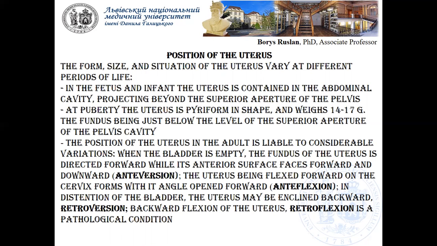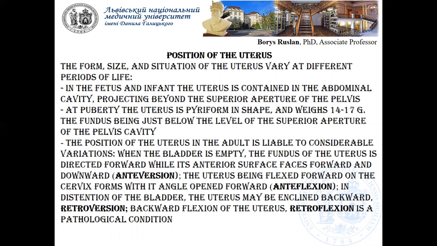First, in the fetus and infant, the uterus is contained in the abdominal cavity, projecting below the superior aperture of the pelvis. Second, at puberty, the uterus is piriform in shape and weighs 40-70 grams, the fundus being just below the level of the superior aperture of the pelvic cavity.